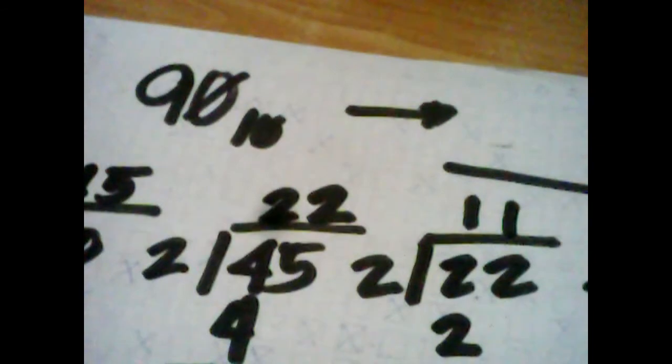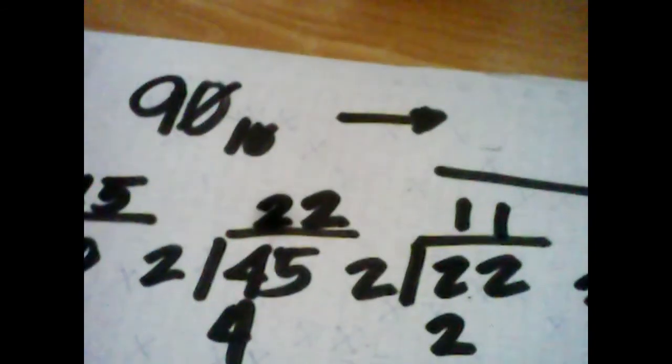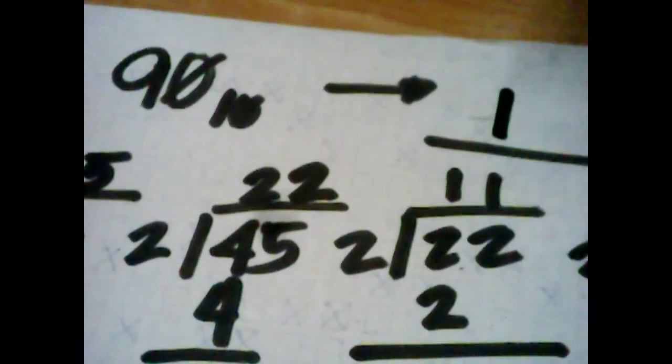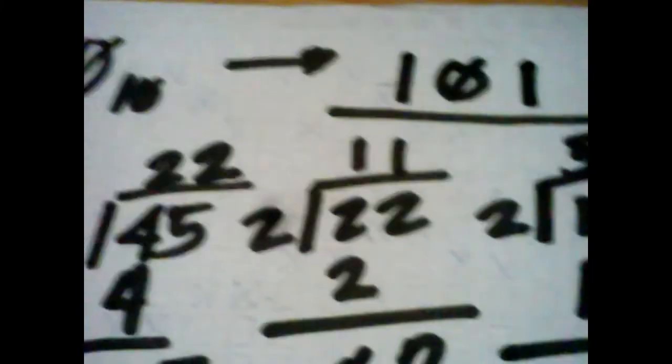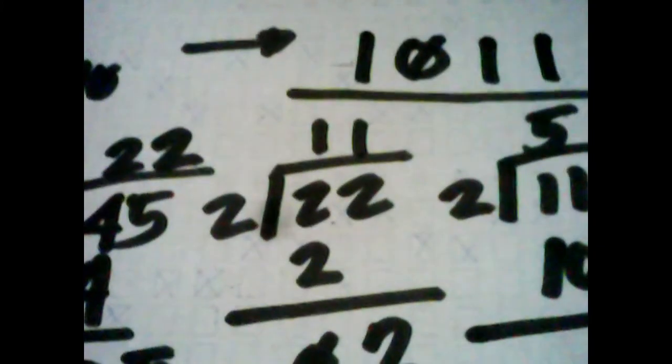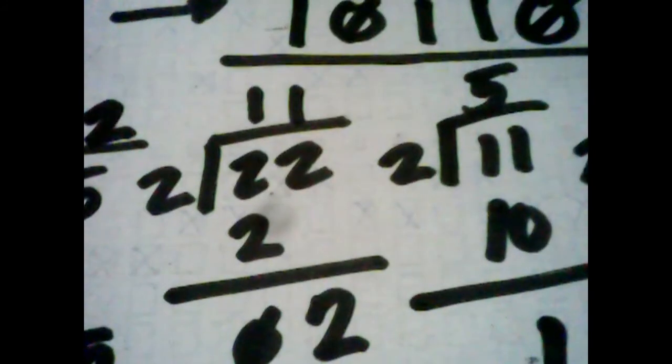So the conversion of 90, a decimal number, into a binary number will be 1 0 1 1 0 1 0.